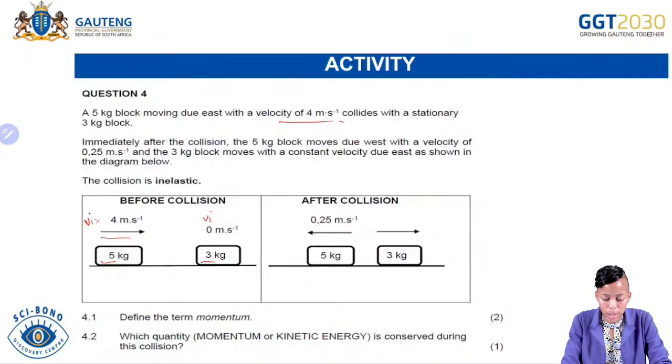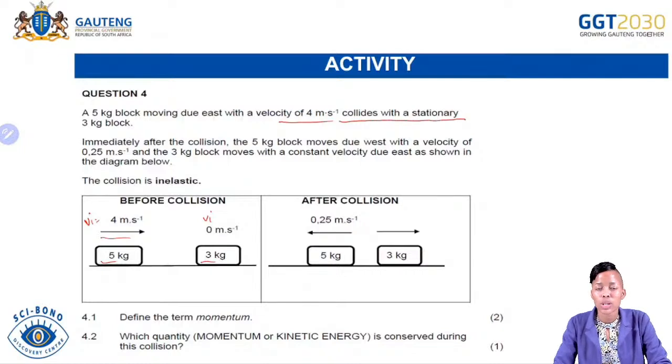So remember, if we have a stationary block, it means that the initial velocity would therefore be 0.